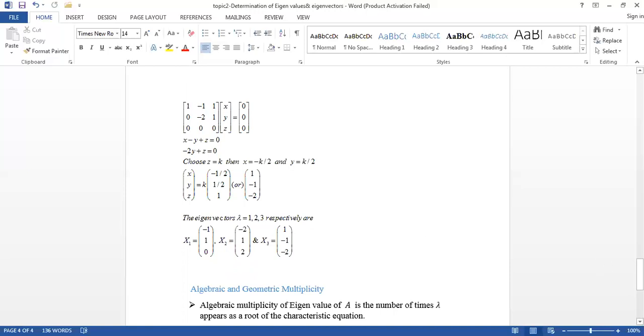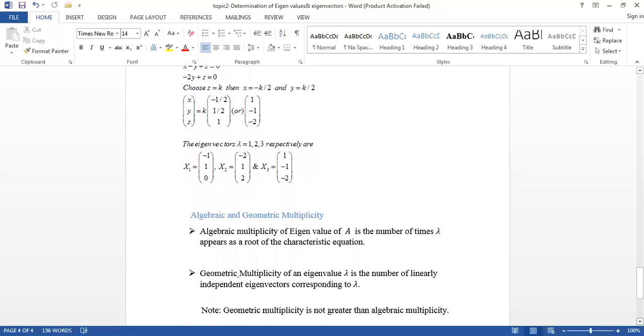Now we see algebraic and geometric multiplicity. The algebraic multiplicity of an eigenvalue of A is the number of times lambda appears as a root of the characteristic equation. The meaning is how many times the eigenvalue is repeated.